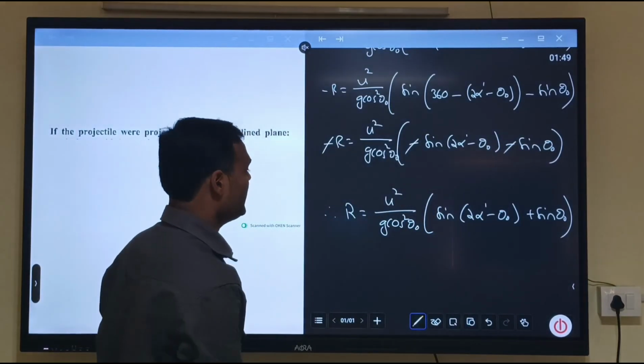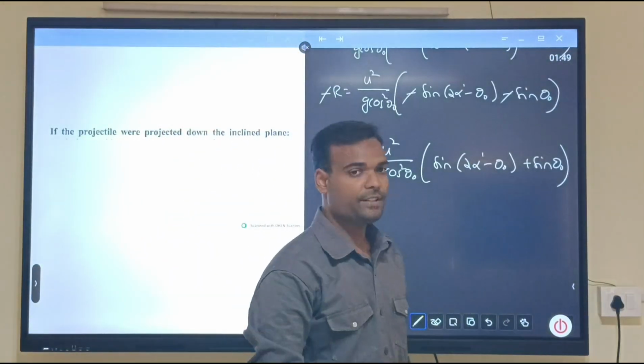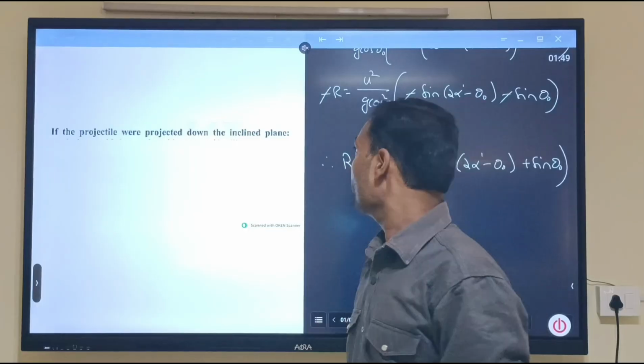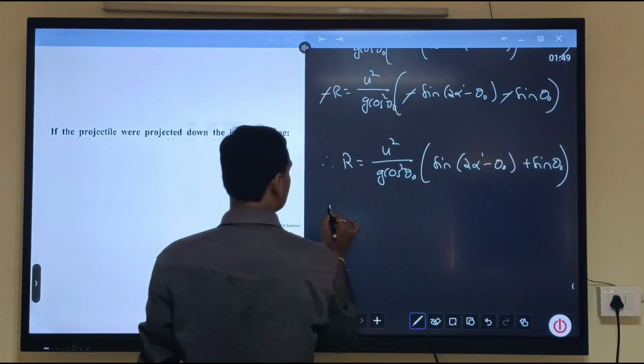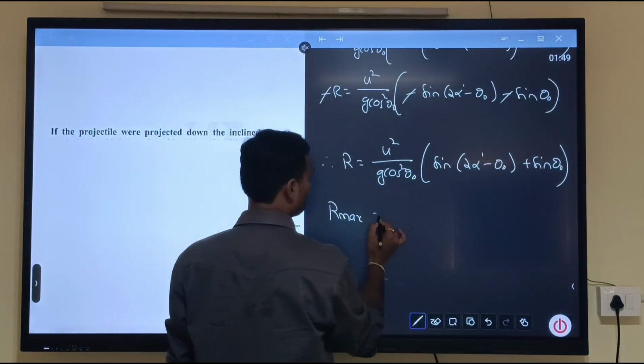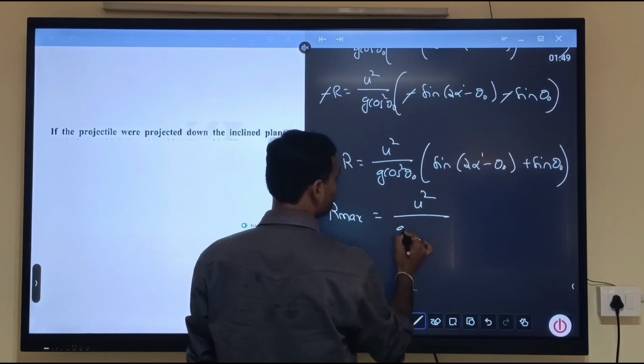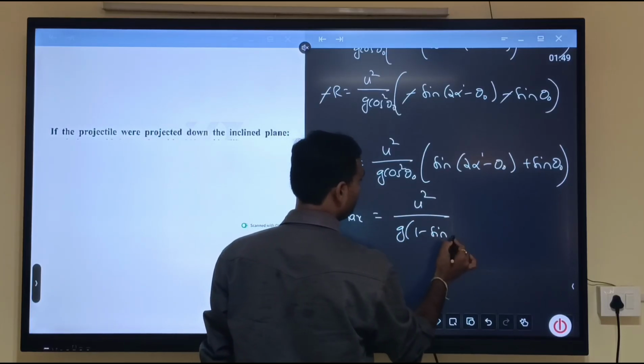Here, by using the same procedure which we were solving, we can find the R max value as u square by g (1 plus sin theta naught). But for the reversal projectile, you will get only the negative sign: u square by g (1 minus sin theta naught).